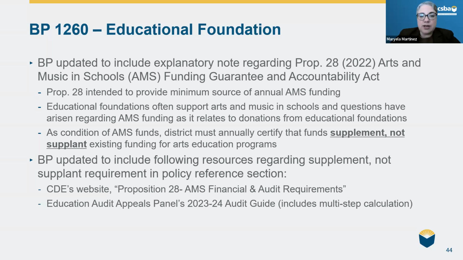So at its core, what this requirement means is that schools must confirm that the amount of non-Prop 28 funds spent on arts education programs in the audit year is equal to or greater than the amount of non-Prop 28 funds spent in the prior fiscal year. So I know that that's kind of circular in a way, but the takeaway here is that Prop 28 is meant to increase the funding of arts education programs.